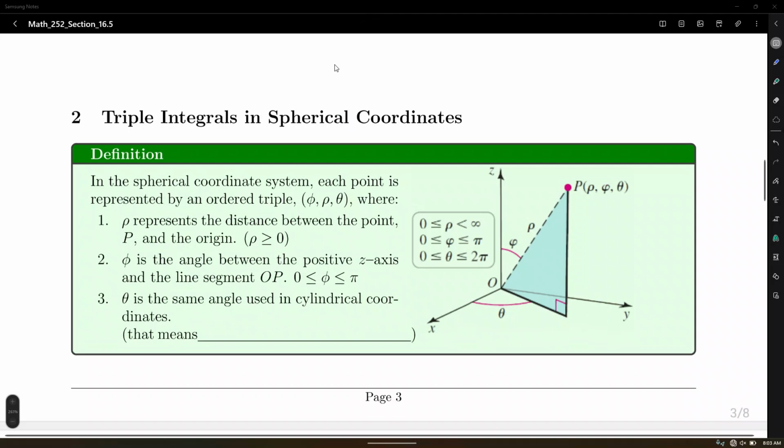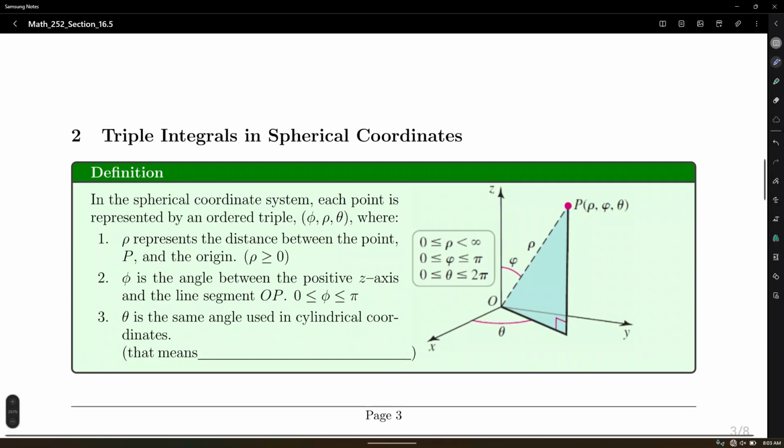So what we're going to do here is describe the three coordinates. We're going to go from a point x, y, z to a point rho, phi, and theta. What are these three symbols? Rho will represent the radius of the sphere.